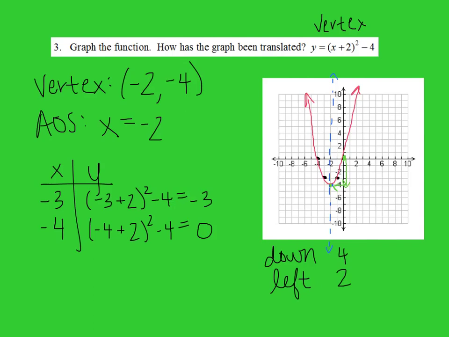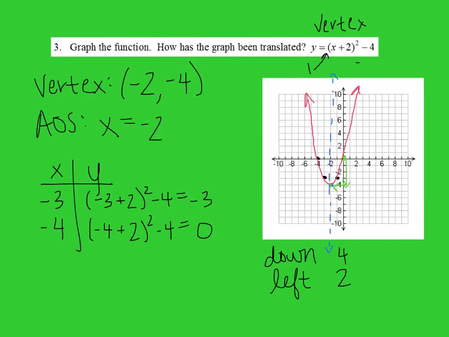So what we can do is go up and look at the very first number that you see, the thing in front of the parentheses. And what do you see there? Nothing. But there is something there, it's just invisible. There's a 1. Now, 1 is the only number where it hasn't stretched or compressed. 1 is like the no change number.